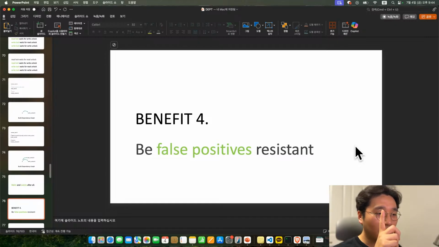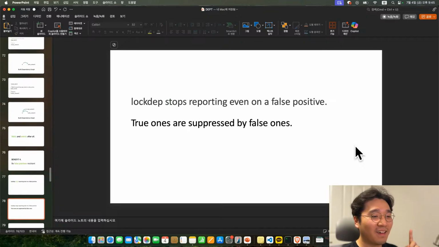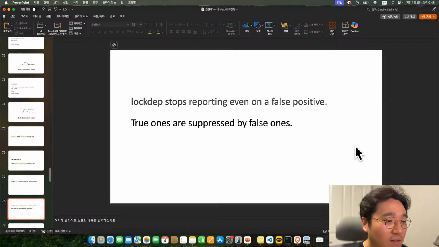There was only one case that Lockdep always reported, and it never reported anything after that, right? Lockdep only reports one, because of the limitations of its internal implementation. They only report one, right?